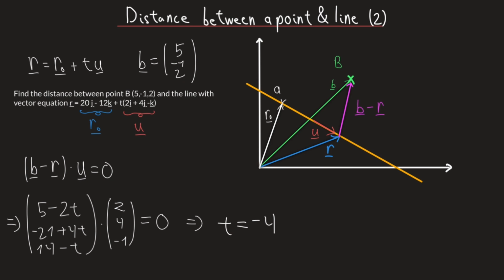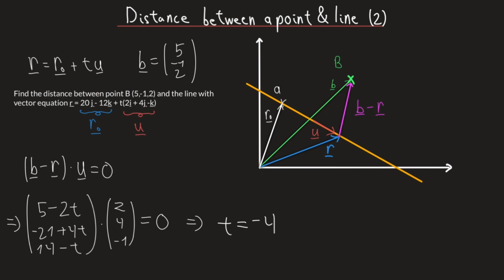So let me repeat that because it's important. We know that r is a general vector that represents all points on our line. But we want to find a specific vector and therefore a specific point such that the difference vector b minus r, which joins the point b and the point r, is perpendicular to our direction vector u.